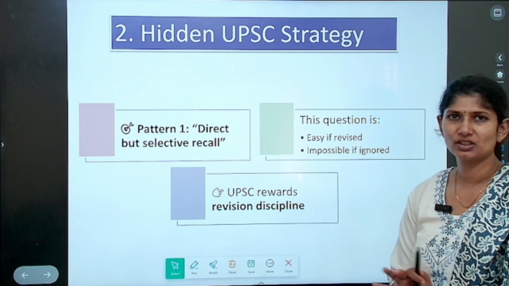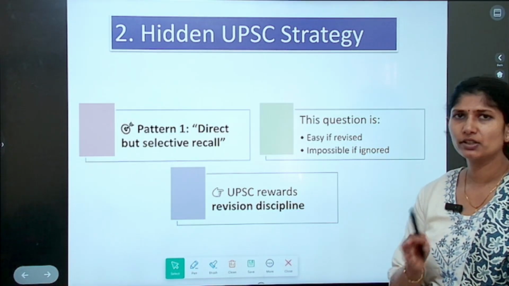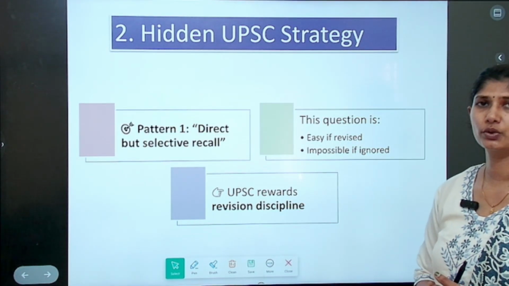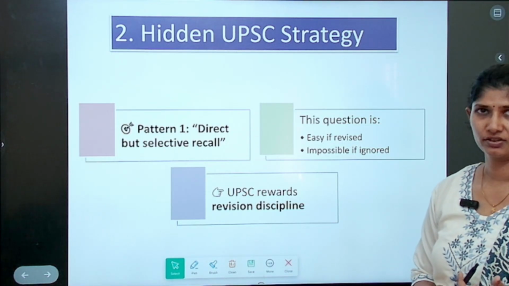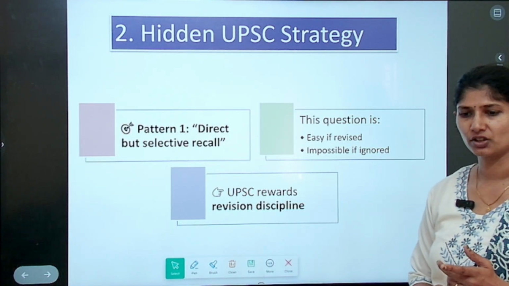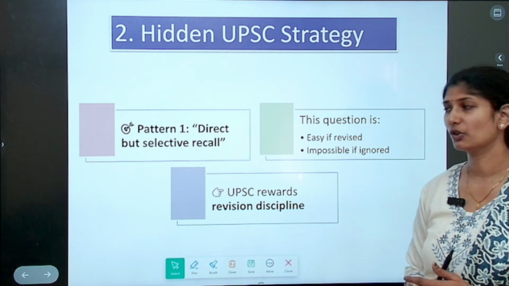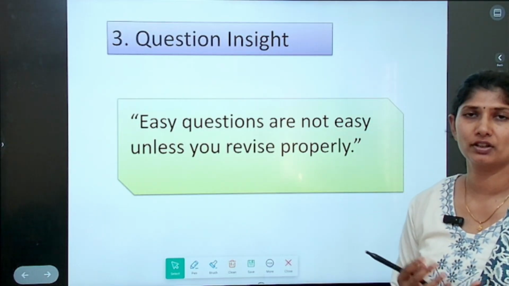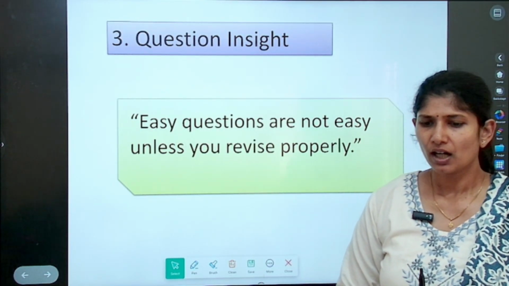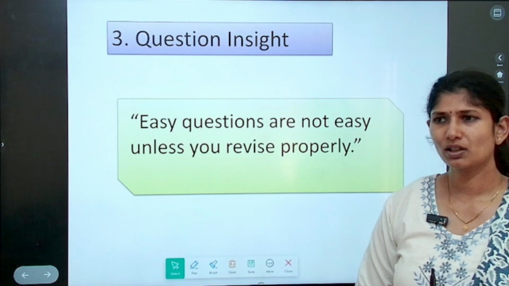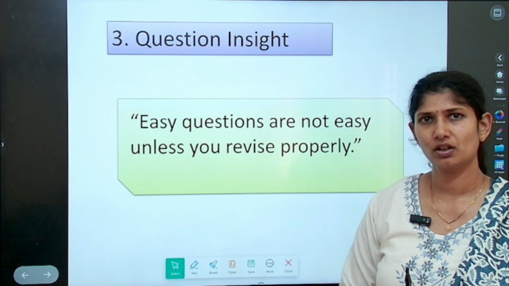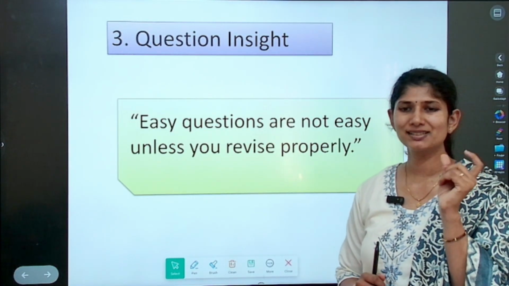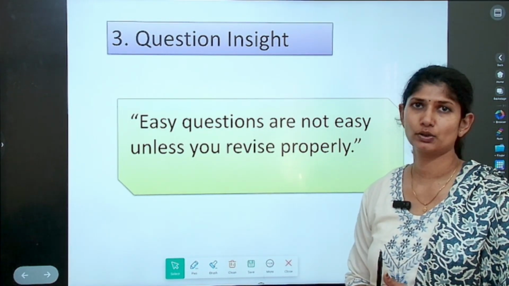There is no elimination tactic in this. You know it, you know it. You don't know it, you don't know it. Then how exactly should you remember this? Through revisions. Multiple revisions will help you recall. UPSC rewards your revision discipline. First and foremost, you cannot answer even easy questions if you don't revise properly. So revision becomes the key for these kinds of straightforward, direct questions.